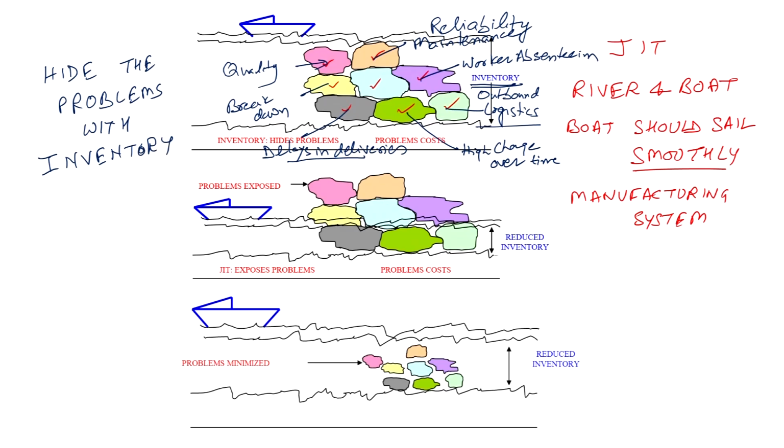So, inventory is like the water in the river. If the inventory level is sufficient, these problems get hidden and your manufacturing process, your customer service can happen very smoothly. But the fallout of this is, there is an increase in cost. There is an increase in cost, number 1.